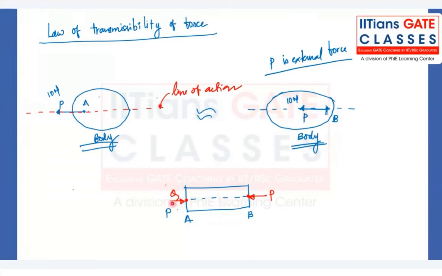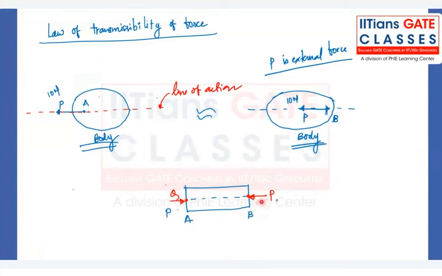But according to the law of transmissibility, we can transfer this force Q from point A to point B, and similarly we can transfer this force P from B to A.